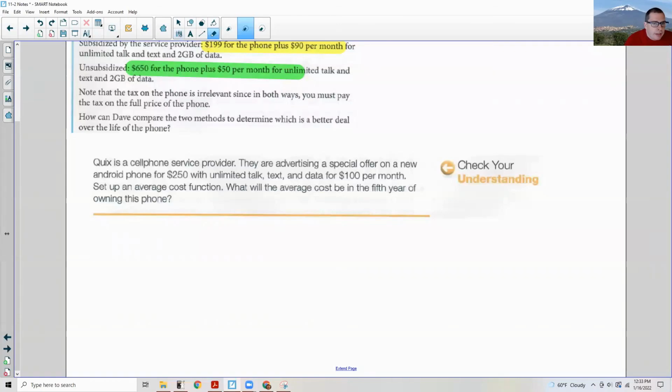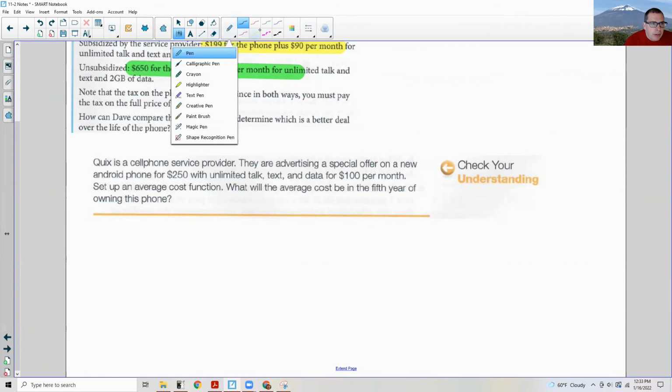Okay, I forgot the check your understanding, so let's finish this now and then we'll say we're done. So now it says Quicks is a cell phone service provider. They're advertising a special offer on a new Android phone for $250 with unlimited talk, text, and data for $100 per month. Set up an average cost function.